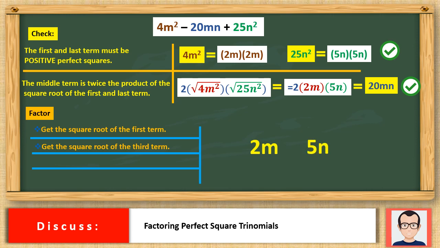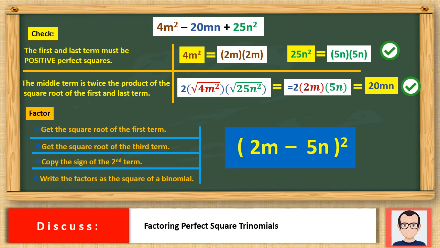Then we copy the sign of the second term, and that's a minus sign. Lastly, we write the factors as the square of a binomial. And our final answer is the square of 2m minus 5n.